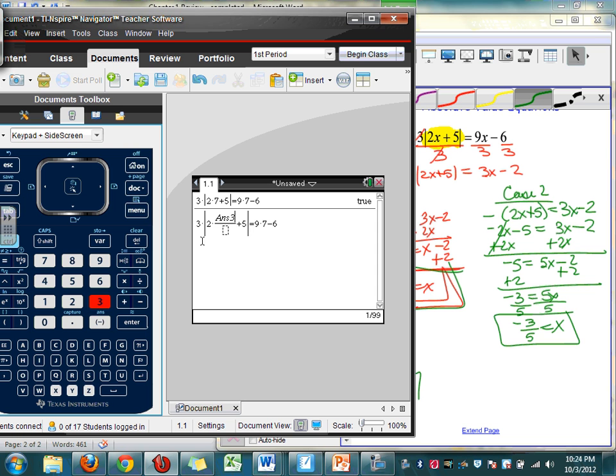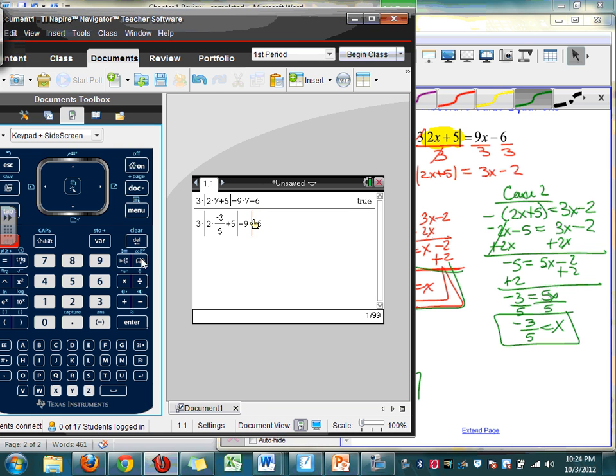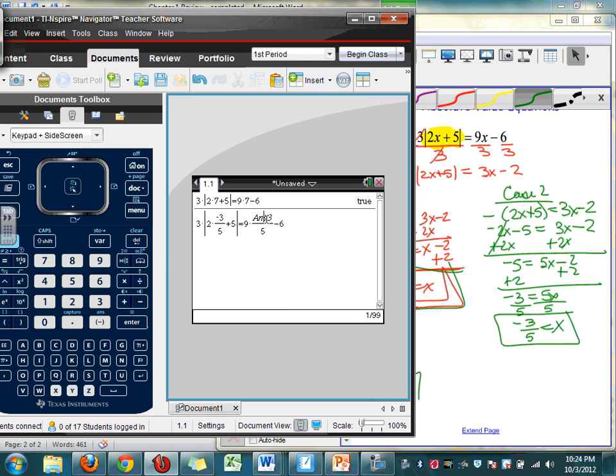I come over here and delete that. I'm going to do my little division key again. Negative 3 over 5. I don't know why it wants to do my answer every time. Just bear with me a second.